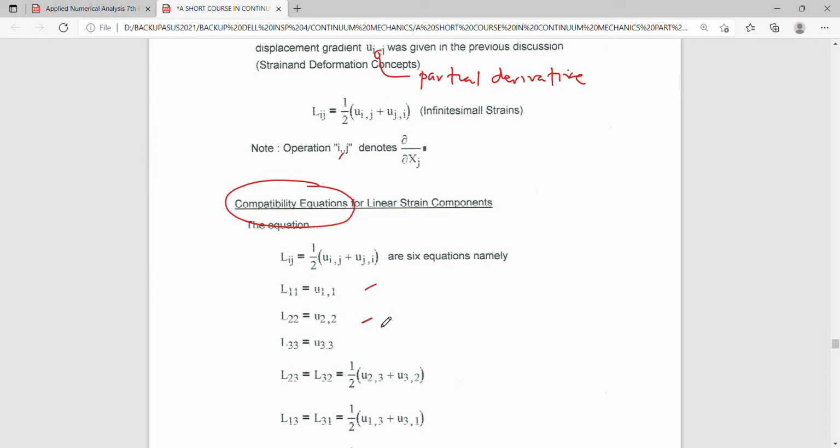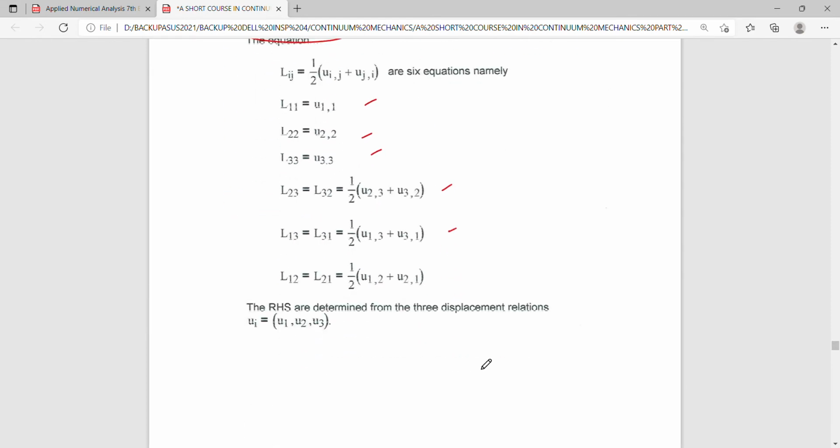So these are all defined very easily in terms of the components. And the right hand sides are determined, this part here, by three displacement fields or relations. Okay, so if you know these three displacement descriptions or field or relationship, then the strains can actually be obtained.